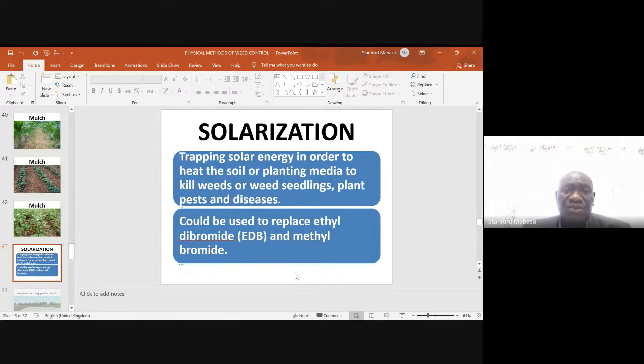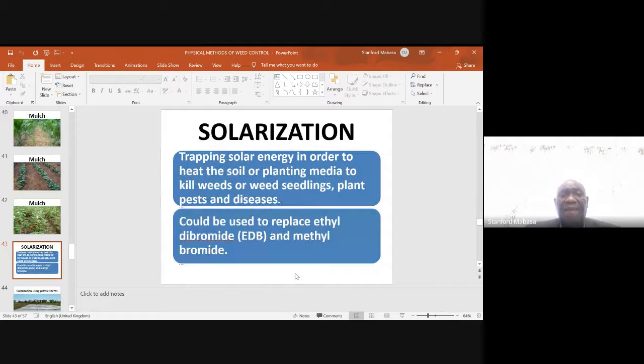We move on to solarization, which is another form of mulching. This is the trapping of solar energy using plastic sheets. This can kill pests and diseases. Actually, this could be a substitute for EDB or methyl bromide, which were banned for this purpose.